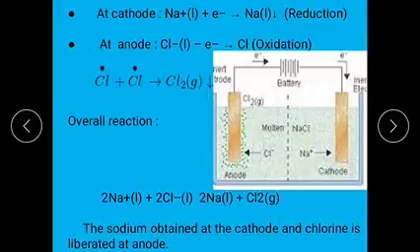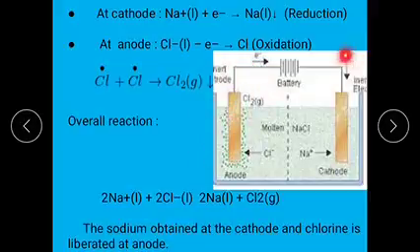Again, it combines with another chlorine atom and gives chlorine gas. The overall reaction in this case is 2Na plus 2Cl minus gives 2Na plus Cl2 gas. The sodium is obtained at the cathode, and chlorine gas is liberated at the anode.